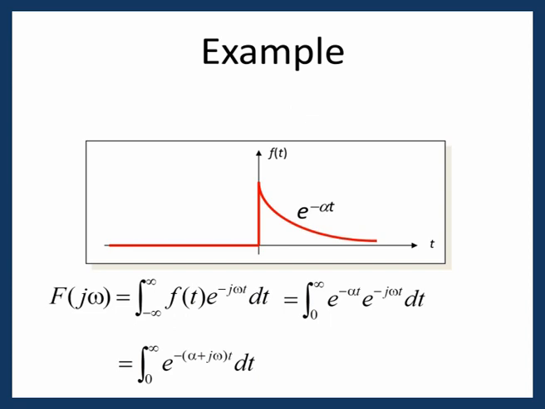That will be equal to 1 by alpha plus j omega. So this is the frequency domain representation of an exponential signal existing from 0 to infinity, that is e to the power of minus alpha t u of t. This is your answer: 1 by alpha plus j omega.